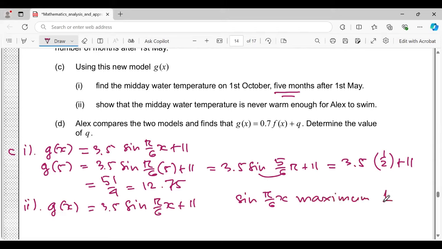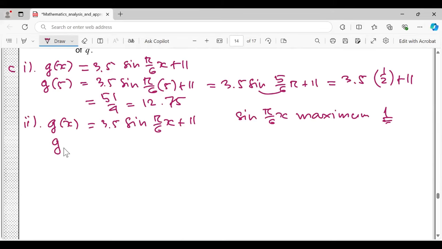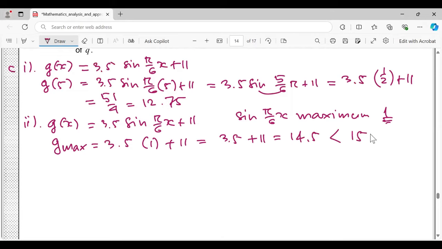The maximum value of sine is 1. So g maximum happens when sine equals 1. So it becomes 3.5 plus 11 equals 14.5. It is less than 15.